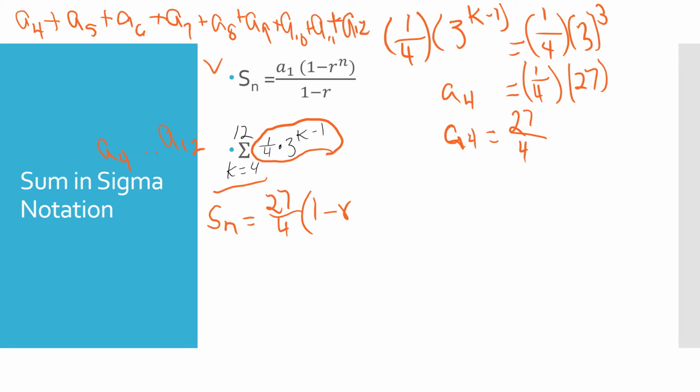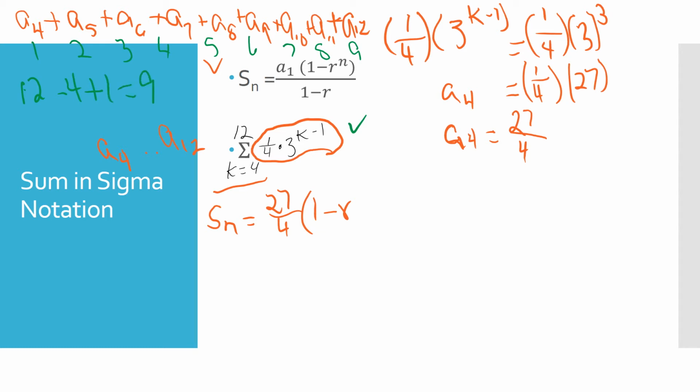Now, that would actually be the sum if we were to calculate all of that, and I certainly don't want to do that by plugging every one of those in. That just seems like a whole lot of work. But let's look here. How many numbers do we really have? There's 1, 2, 3, 4, 5, 6, 7, 8, 9. So while we might be inclined to think 12 minus 4 is 8, really what we've got is 12 minus 4 plus 1 equals 9.